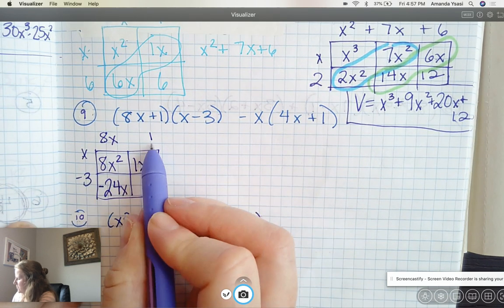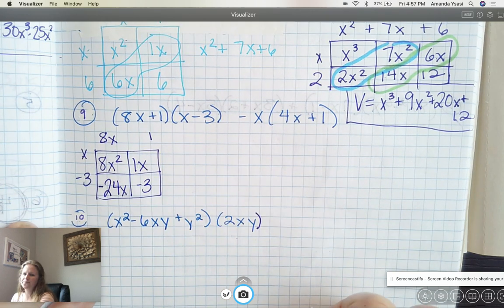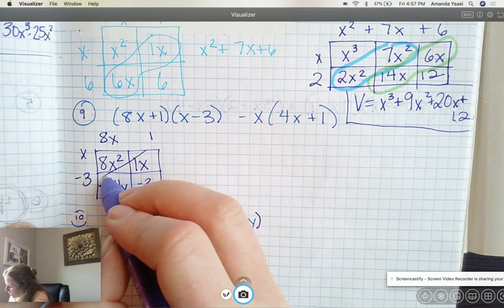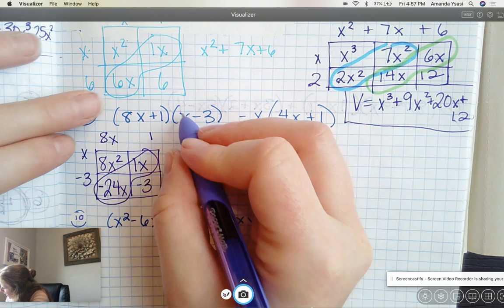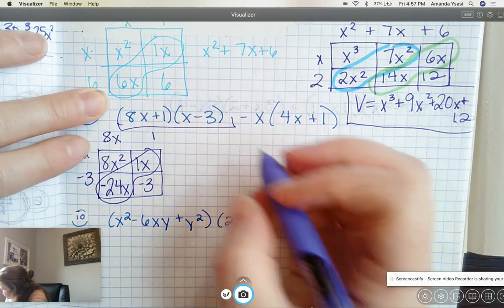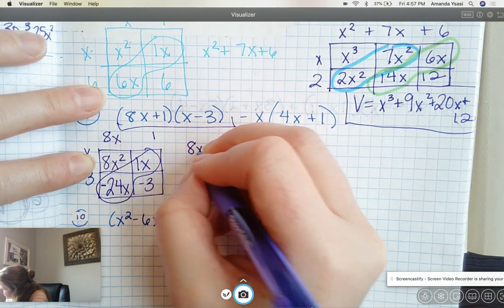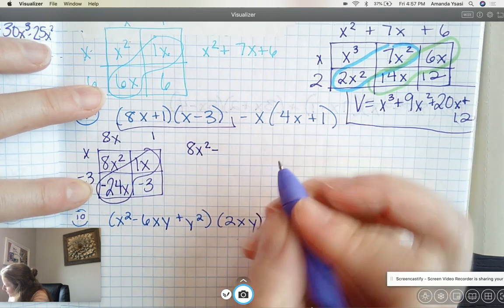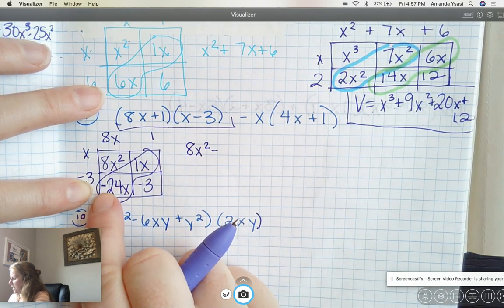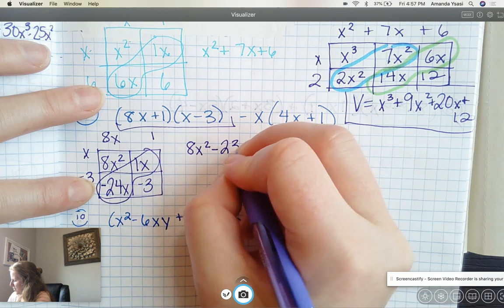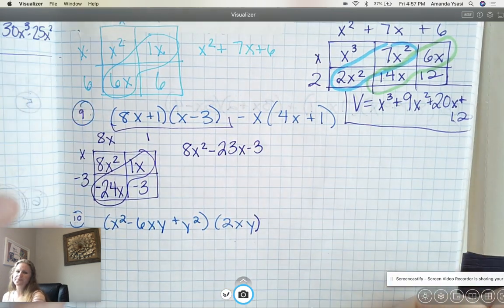And negative 3 times 1 is negative 3. So I can combine these two, and this becomes 8x squared minus, we have a 1 and a negative 24, making that negative 23x minus 3.